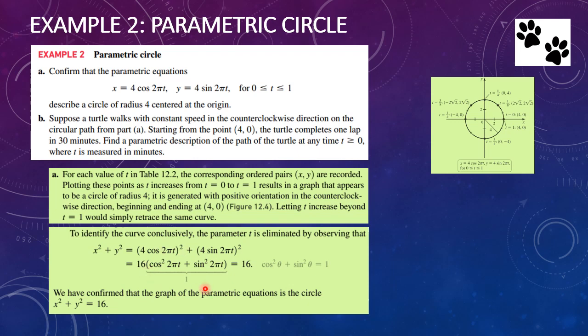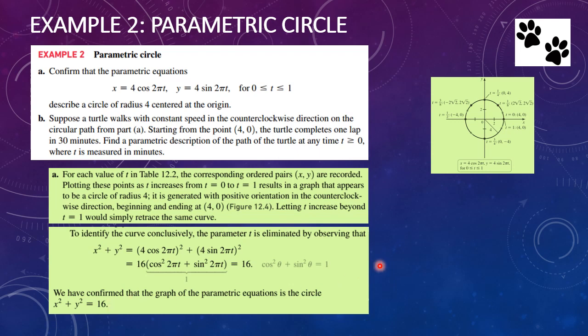Well, of course, by the Pythagorean identity, cosine squared plus sine squared equals 1. So we get that x squared plus y squared equals 16, which confirms that this is a graph of a circle with the radius equaling the square root of 16, or 4.